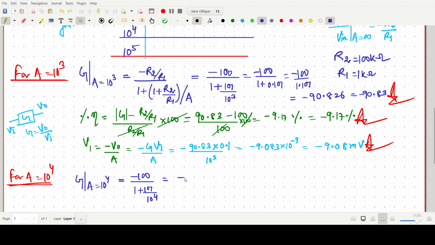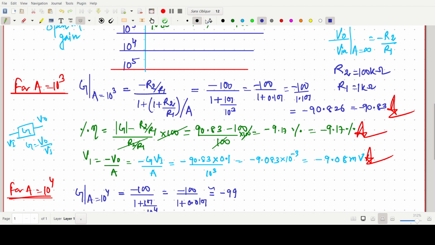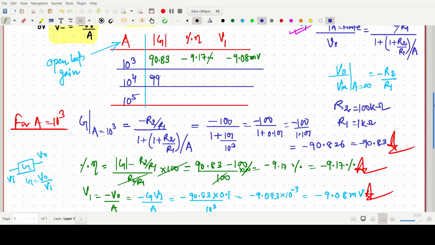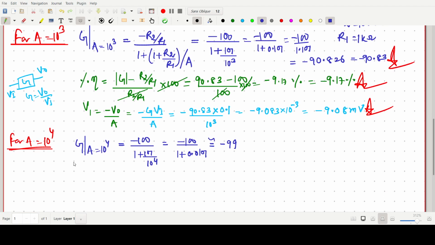So it is minus 100 by 1.0101. If we solve this, it will come nearly minus 99. I have already solved it, very simple. We are writing the magnitude, so better to write 99.